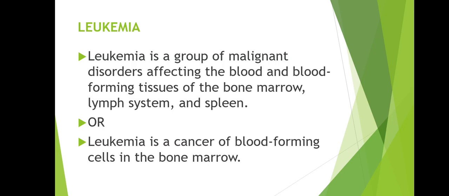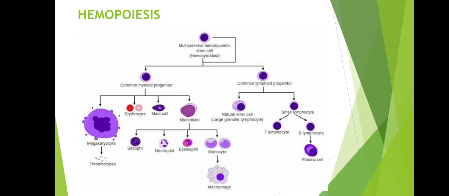So we can also say that leukemia is a cancer of blood-forming cells in the bone marrow. It is the cancer of blood-forming elements. Mostly, it affects the white blood cells, but it also affects other formed elements of blood.